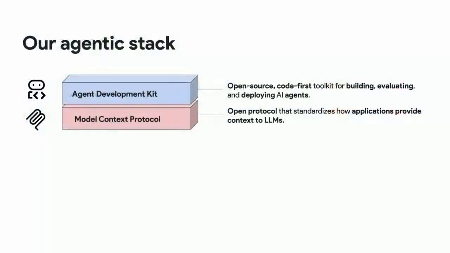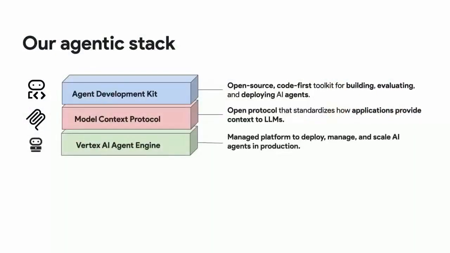On top of that, we also introduced Vertex AI Agent Engine, which is essentially a managed platform that has been designed to deploy, manage, and scale your AI agents in production. It takes care of all those operational challenges and capabilities that you need in order to deploy your agent in production.